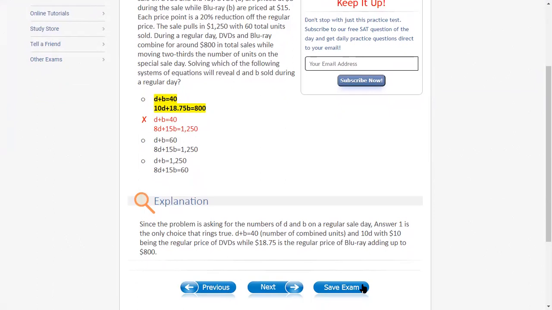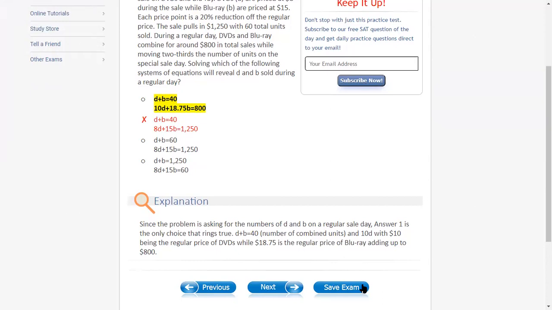D plus 4, the number of combined units, with $10 being the regular price of DVDs, while $18.75 is the regular price of Blu-ray, adding up to 800. So the unit price of DVD, 10, we will have to multiply that.